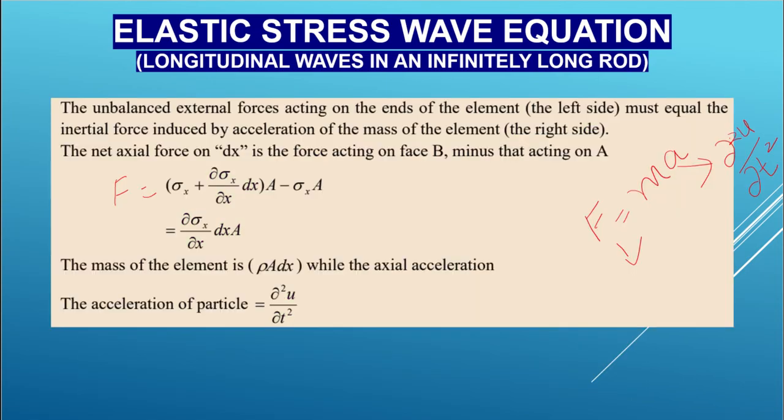So we will end up with F equal to dou sigma x by dou x into dx into A. And then if we have found out F, which is dou sigma x by dou x into dx into A, the only remaining thing you need to find out is m. m is given by this one, the mass.